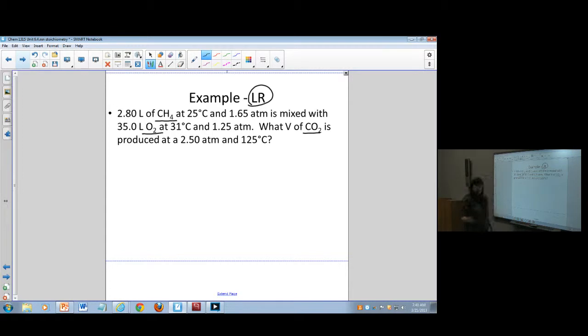Okay, and each of these has a different pressure, volume, temperature, etc. These two are mixed together, and our purpose is to figure out how much, in terms of liters, the CO2 is. All right, so this is a relatively complicated problem. And on top of all that, there's not even a balanced equation.